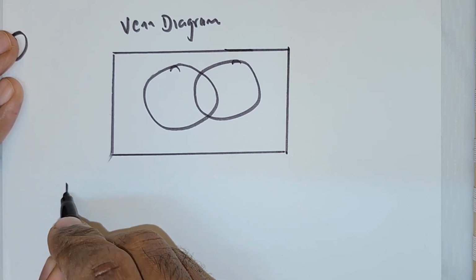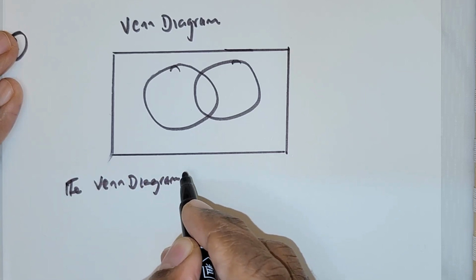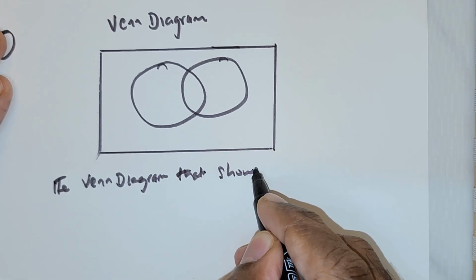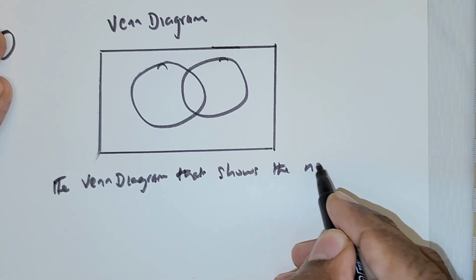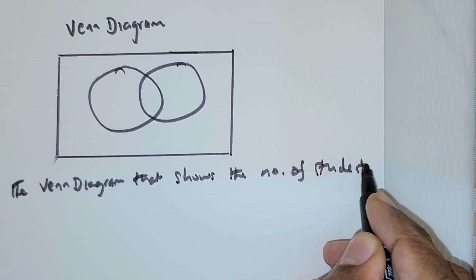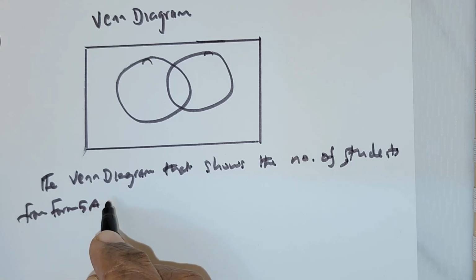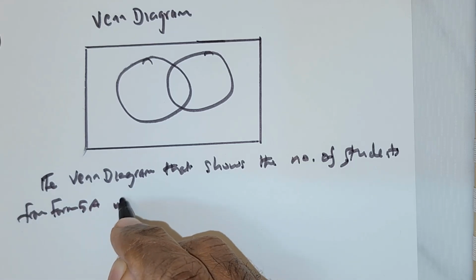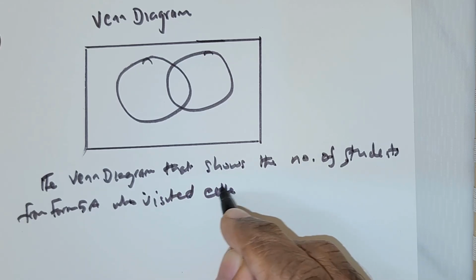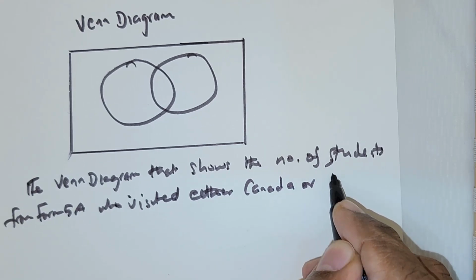So we got the Venn diagram that shows the number of students from form 5A who had visited either Canada or Dominica.